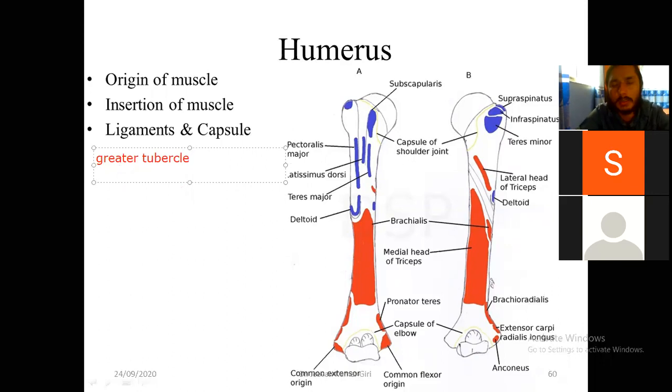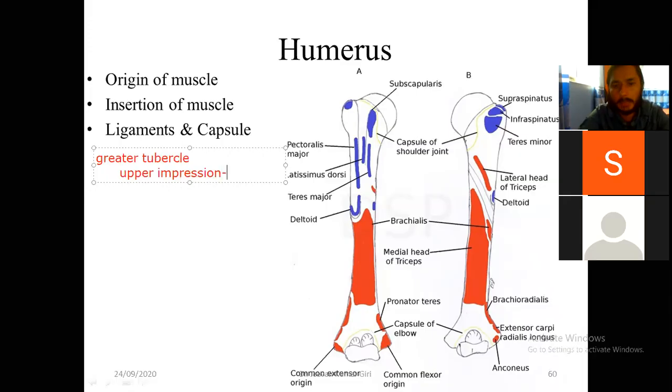The superior surface, or the upper surface, of the greater tubercle has three impressions, that is the upper, middle and the lower impression. The upper impression has one muscle, the middle impression has one muscle, and the lower impression has one more muscle.